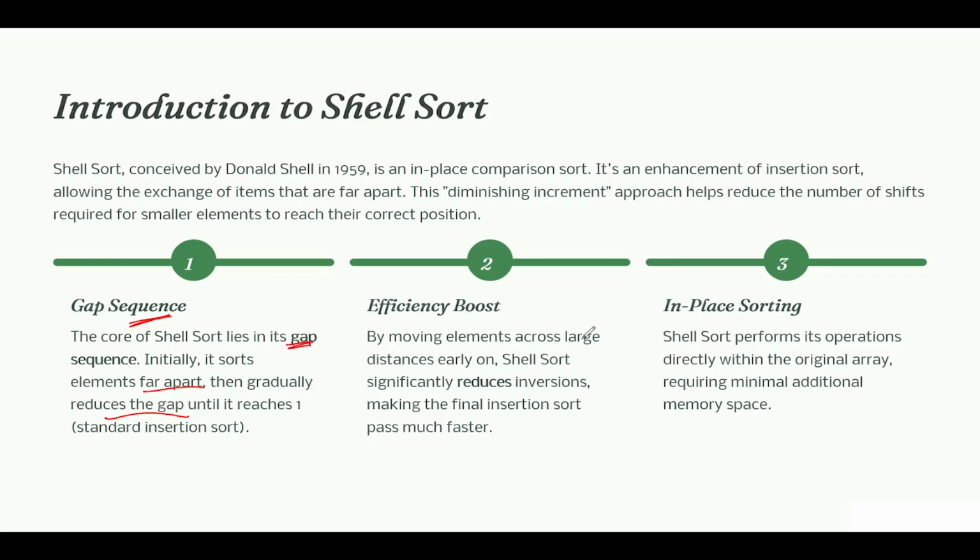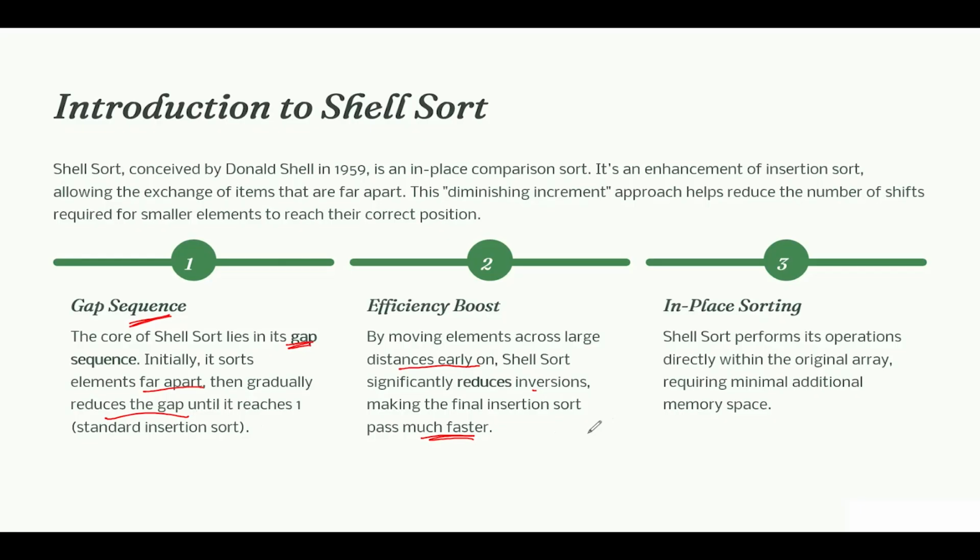By moving elements across large distances early on, shell sort significantly reduces the inversions, making the final insertion sort much faster. When we were learning insertion sort, we learned that whenever a large number of comparisons and swaps are to be done, the efficiency of insertion sort decreases.